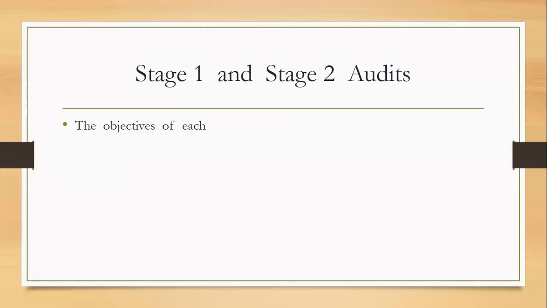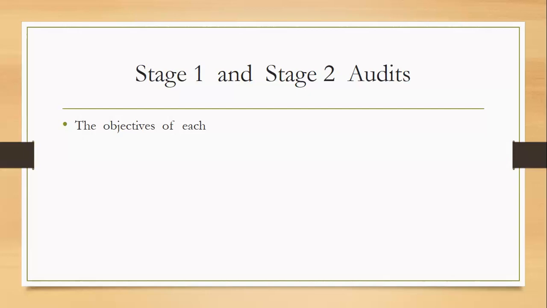So stage one is basically to check design and documentation. Stage two is the actual certification where we check the implementations you have done to confirm that you are fully in conformity.